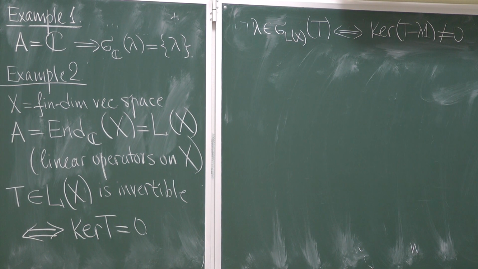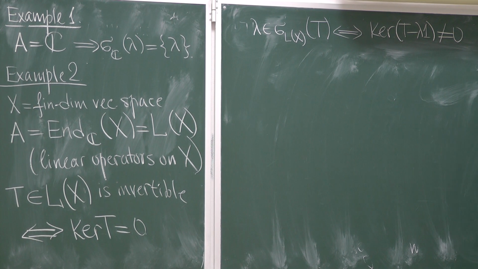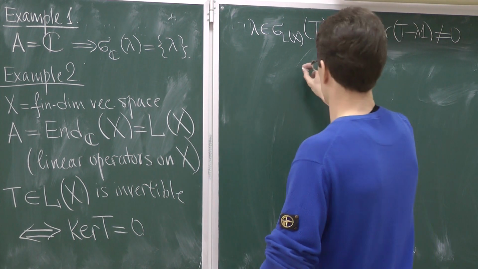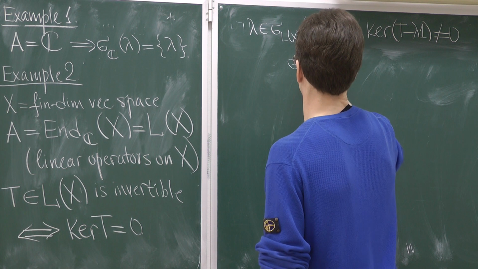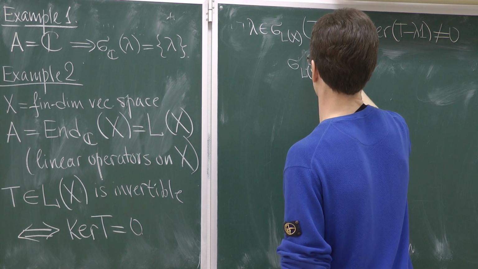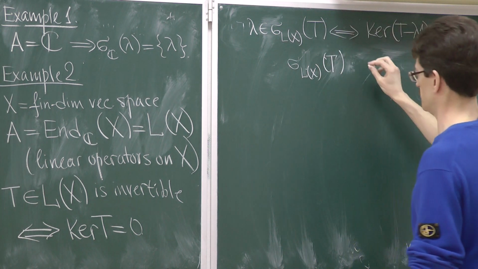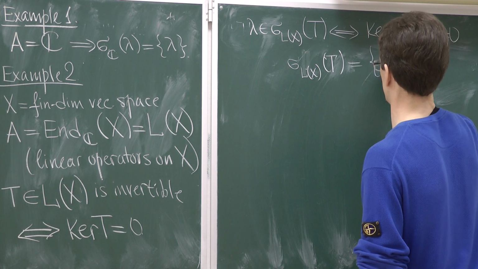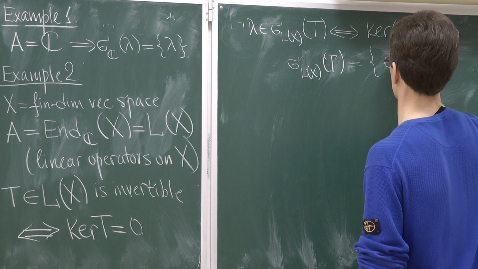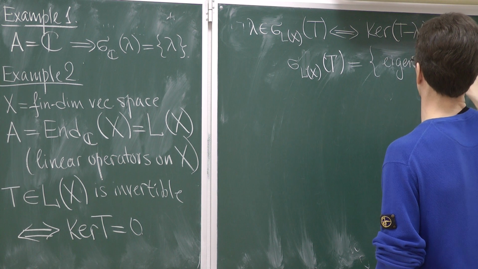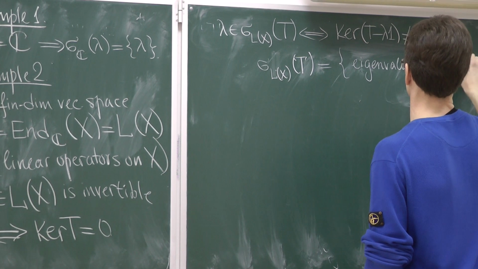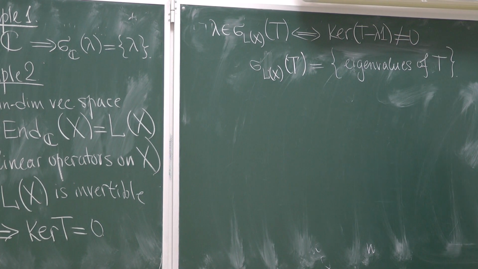In other words, this means that lambda is an eigenvalue of T. So we conclude that the spectrum of a linear operator on a finite dimensional vector space consists exactly of all the eigenvalues of T. In Russian, собственные значения.